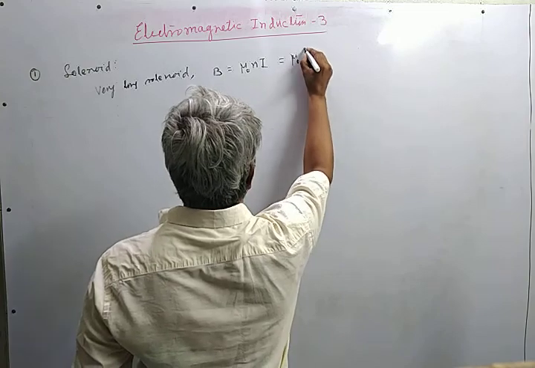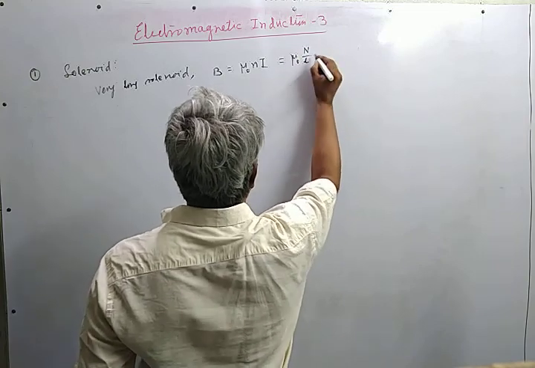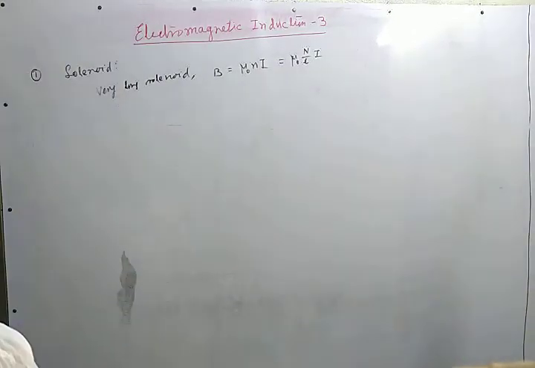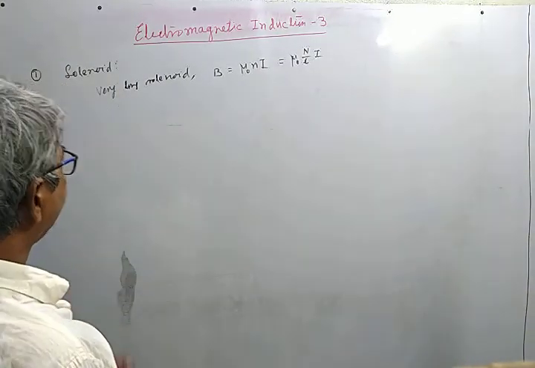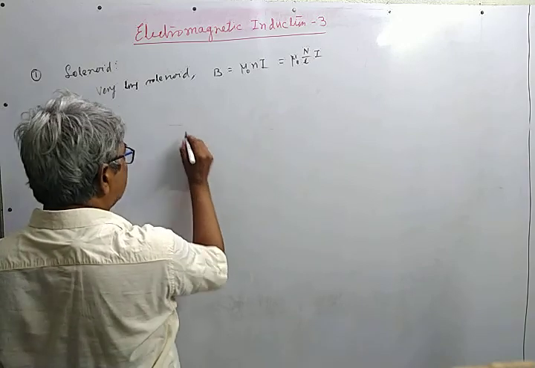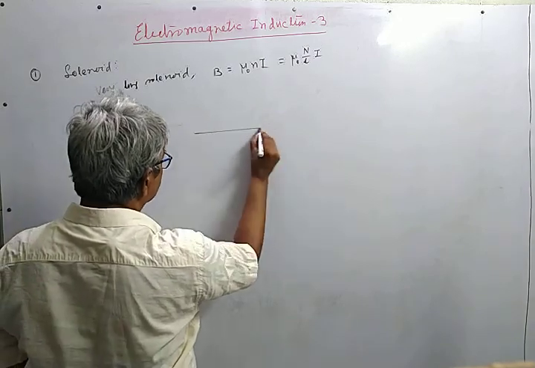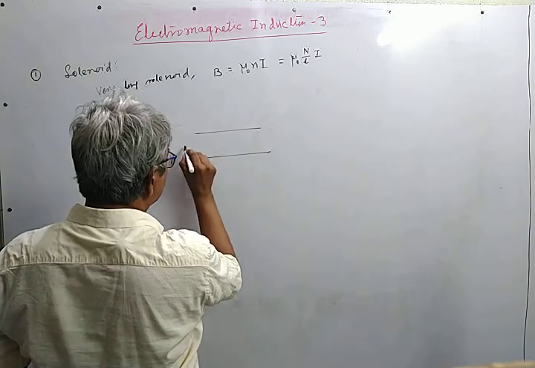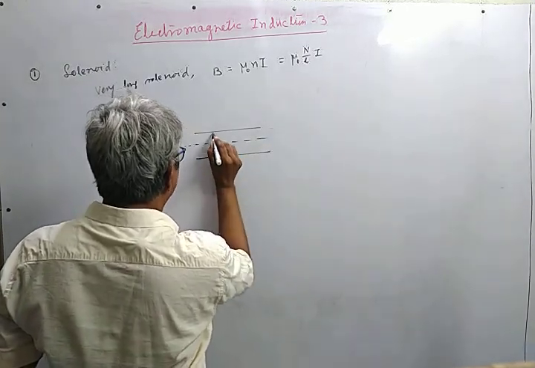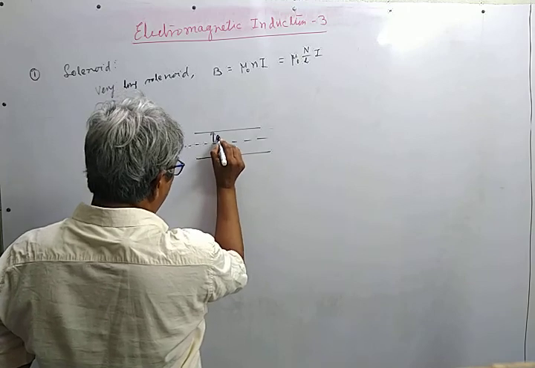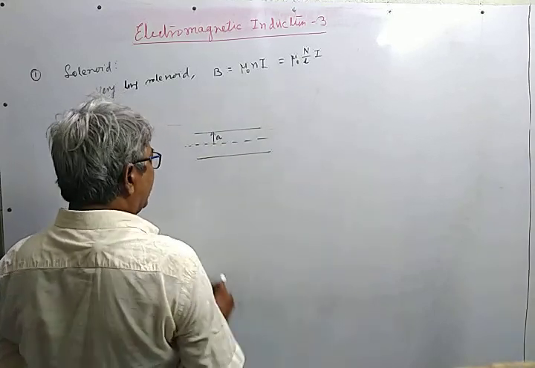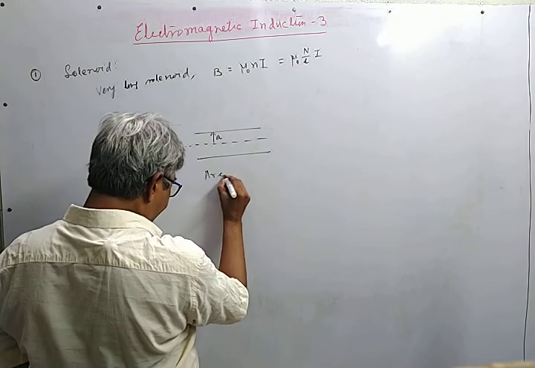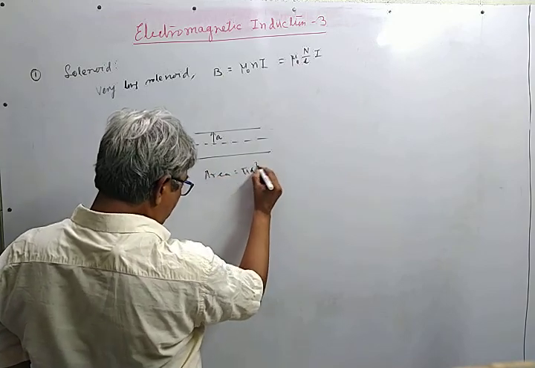So this is mu0 N by L, where L is the length and I is the current. So if we have a solenoid of this form, this is the axis of the solenoid. If A is the radius, then the cross-sectional area is pi a square.